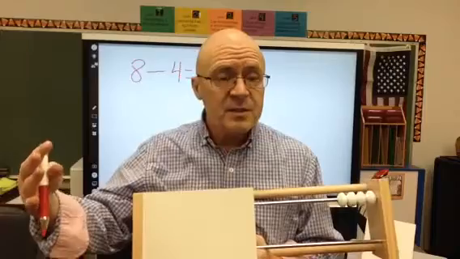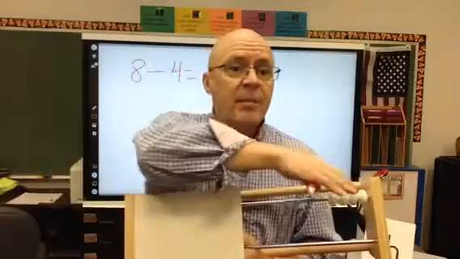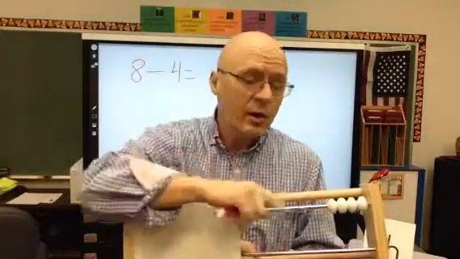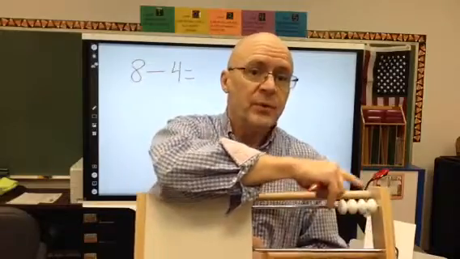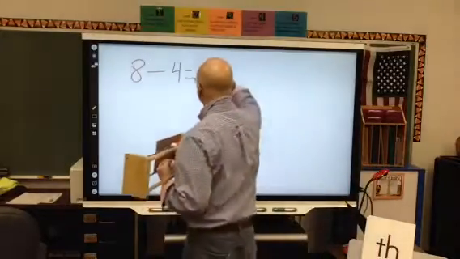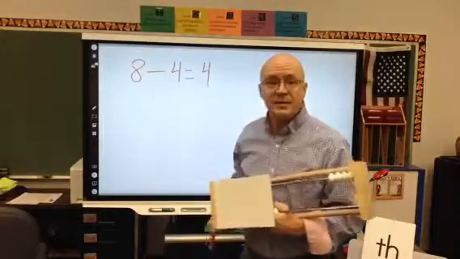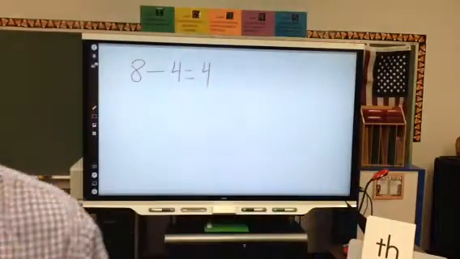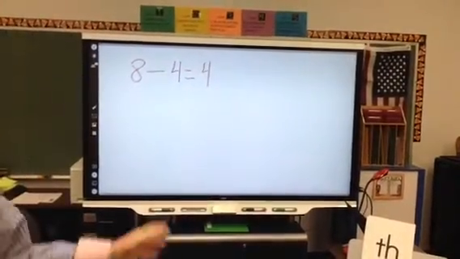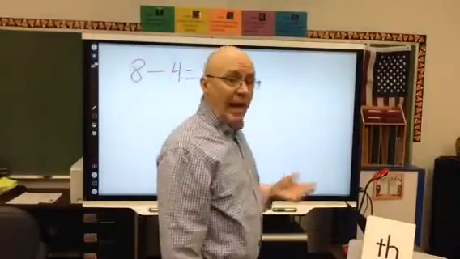Now the difference, or the answer, is how many are left. So you just count how many are left. 1, 2, 3, 4. So 8 minus 4, the difference is 4, or 8 take away 4 gives us 4.